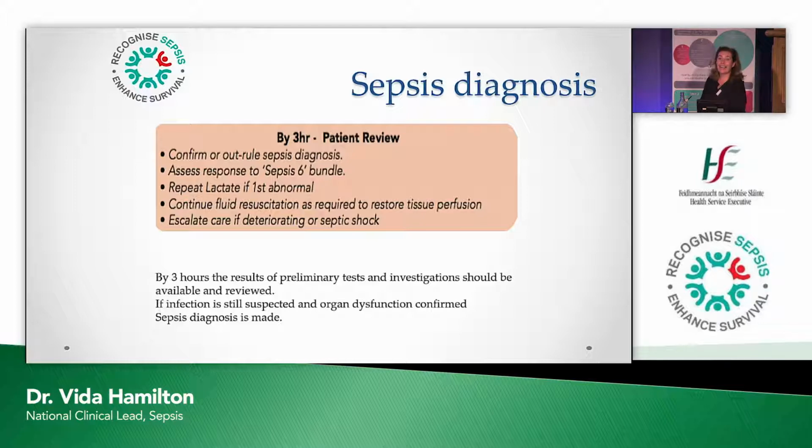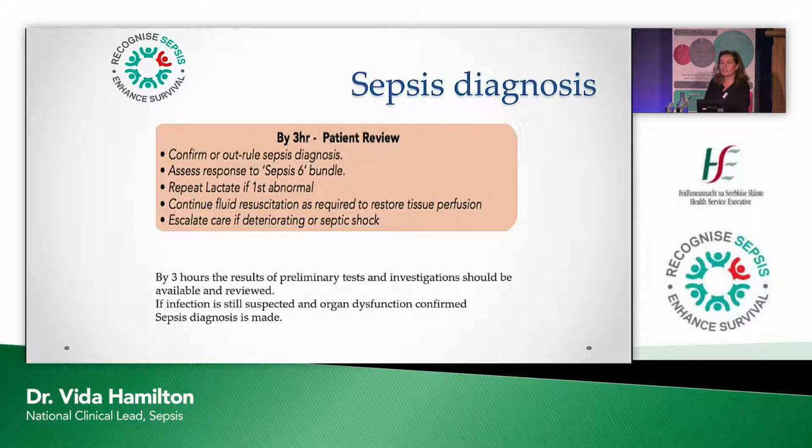By 3 hours, the patient's response to the first Sepsis 6 bundle, the first-hour bundle, should be assessed. Are they improving, stabilising, or continuing to deteriorate? Their blood tests and other tests and investigations should be reviewed along with that clinical context, and their organ function assessed.